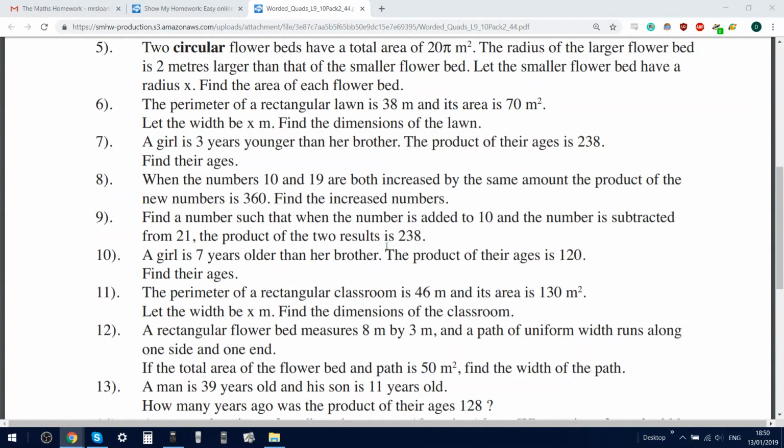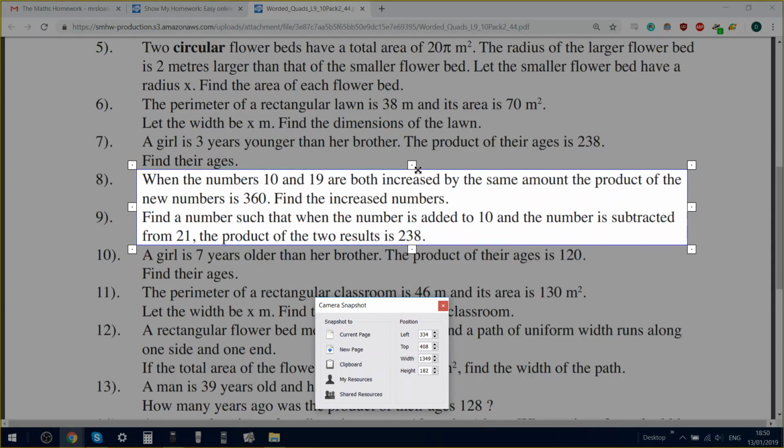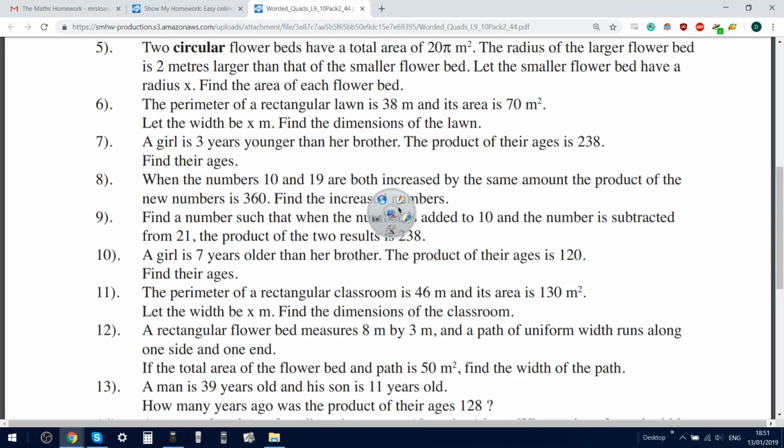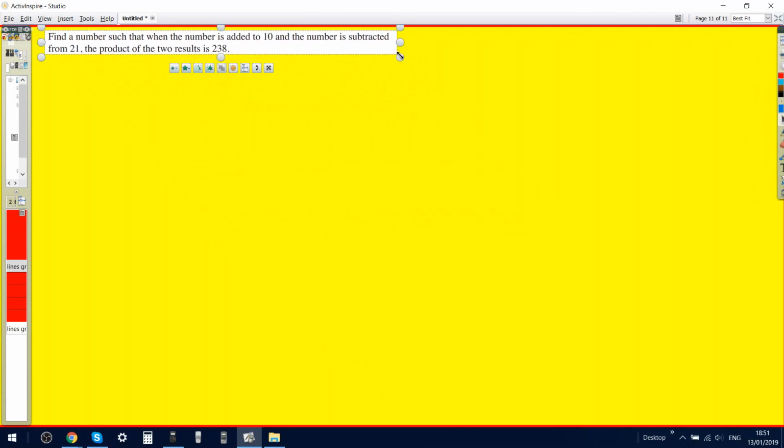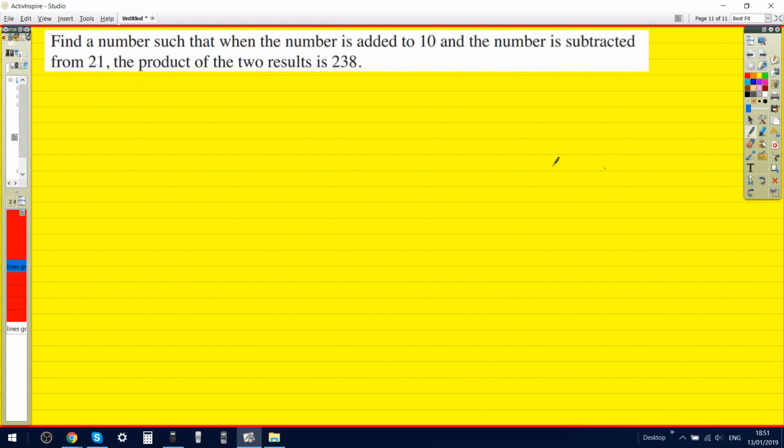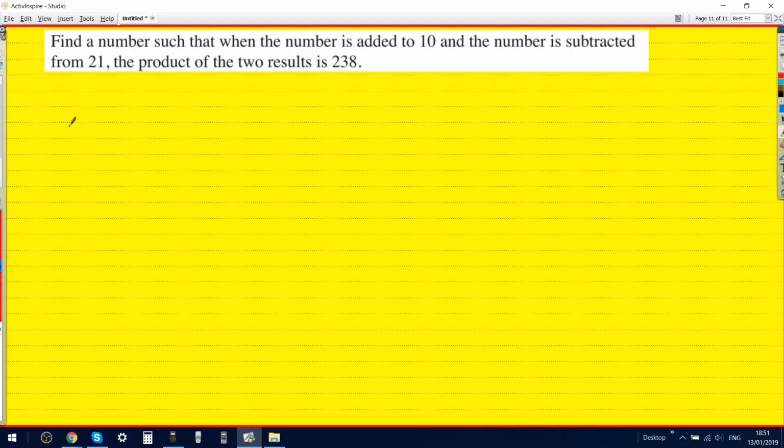Okay, question 9. So 10 plus x in brackets minus 21 will give us 238.